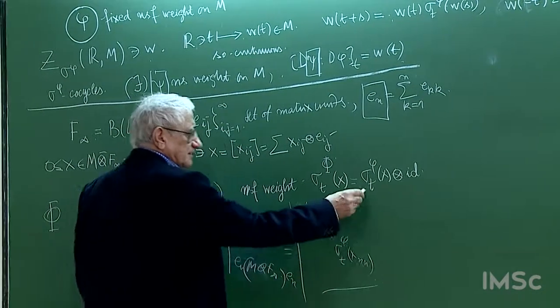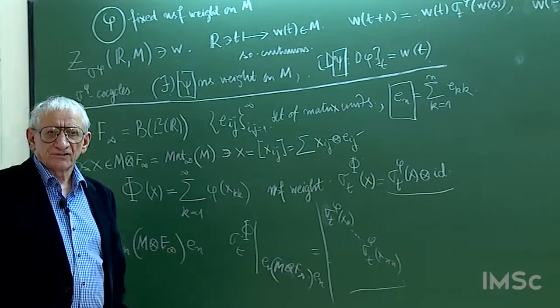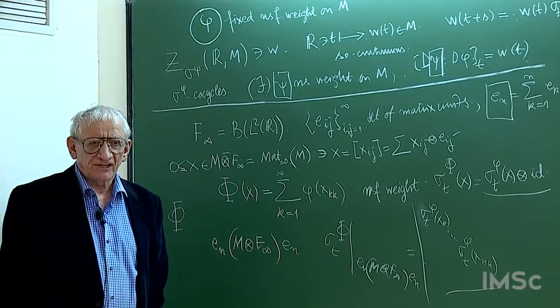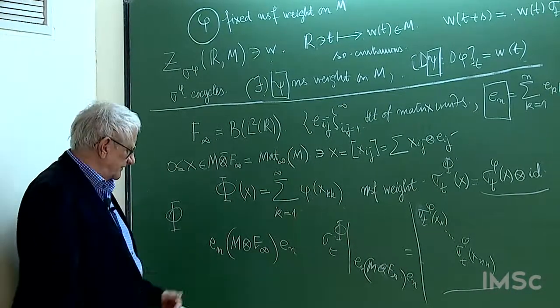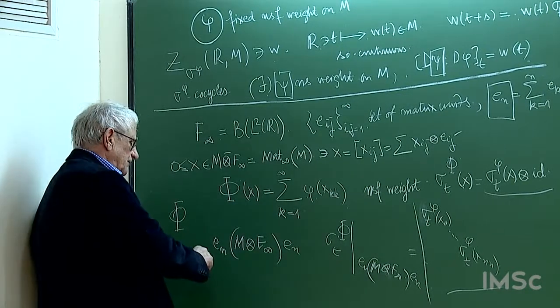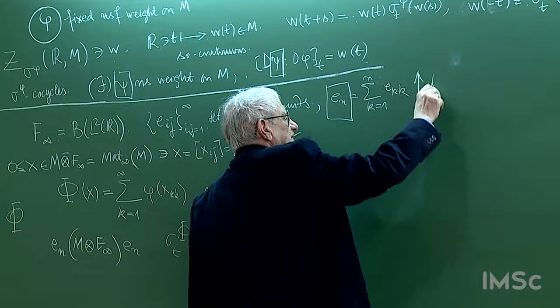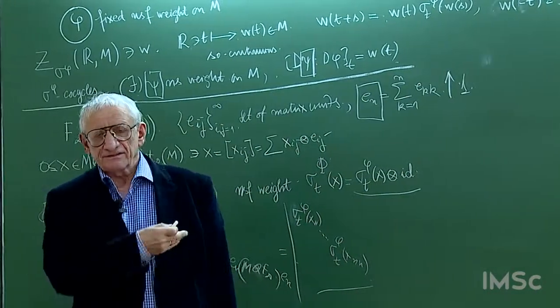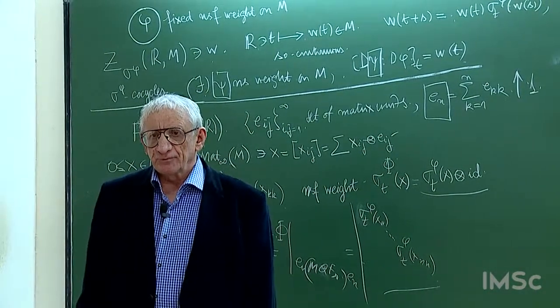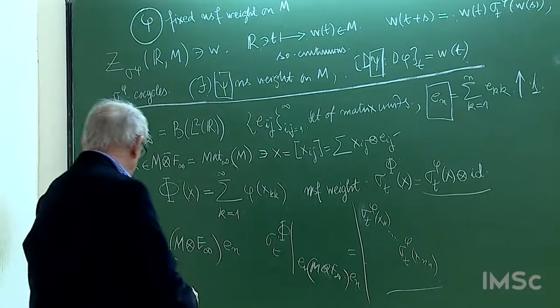And this means exactly, in the tensor language, this thing. So this is valid on this algebra, and now E_n converges to the identity, so that this accounts for the proof.